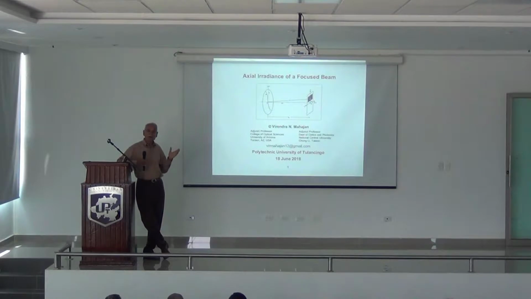But I'm going to show that depending on the parameters of the beam, it is possible that the irradiance of the beam at the center may go up instead of going down. And I hope as I go through my charts that you will get some idea about and appreciate why it is that it could go up, even though we will introduce aberration in the beam.